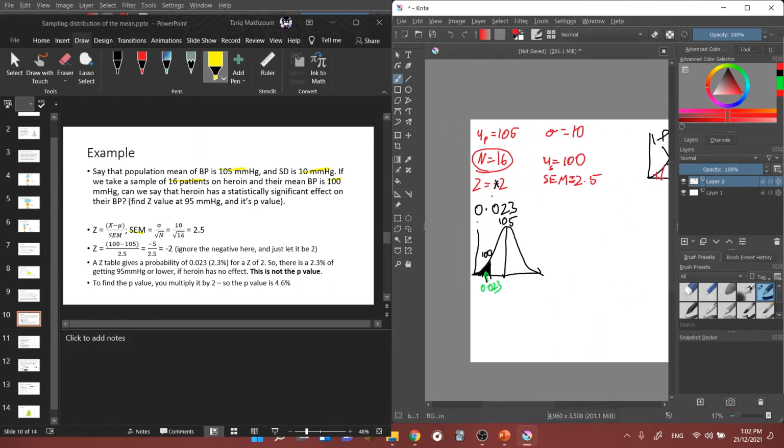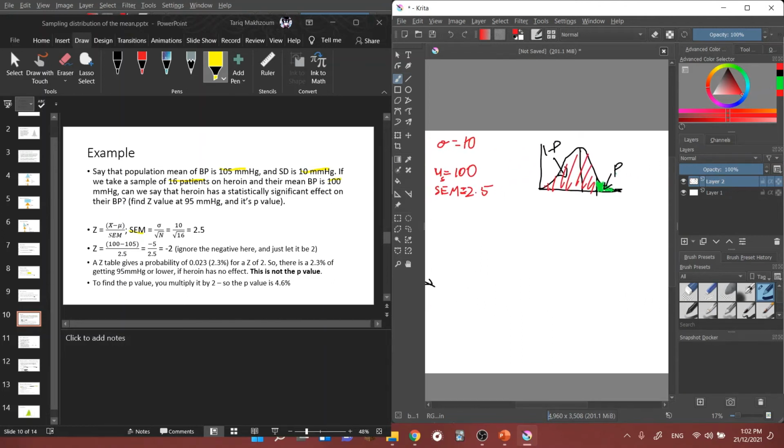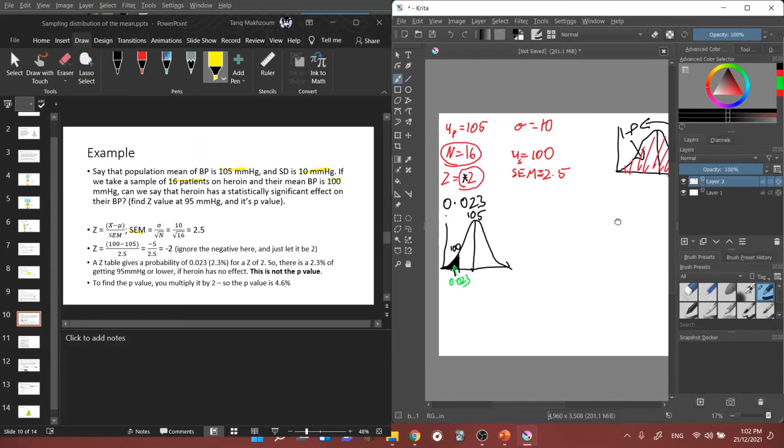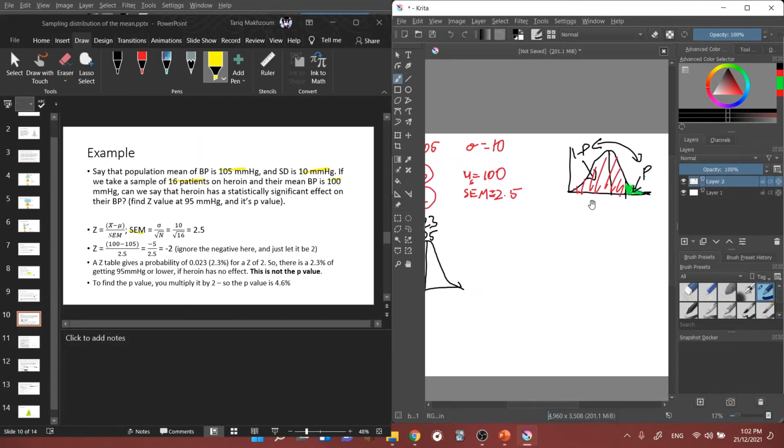But because our z value had a negative sign, what we can do is we can drop the negative sign and now flip these two results. Okay, so now our z value, when we look at the z table, it'll give us the probability of getting a value that's at this point or lower, right?